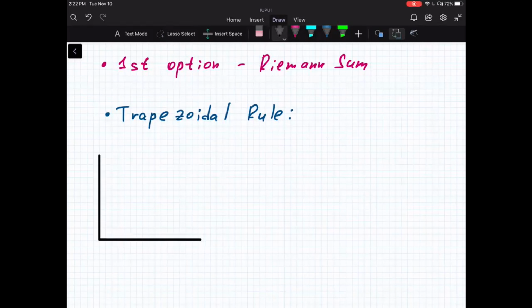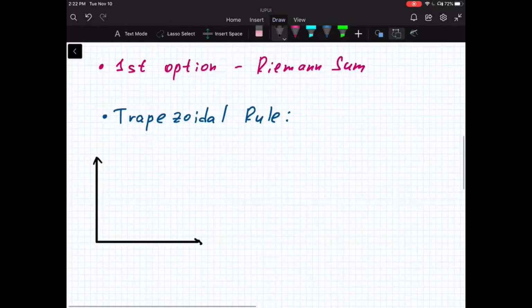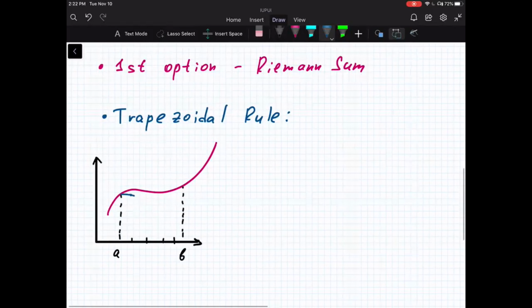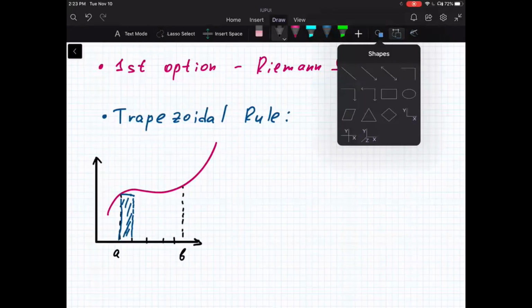So recall that when we define our integral, we approximate the area under the curve by rectangles and then sum up the areas of such rectangles. So we divided our interval from a to b into n subintervals, and on each subinterval we considered the corresponding rectangle. Then we sum up all such areas and consider the limit when n goes to infinity.